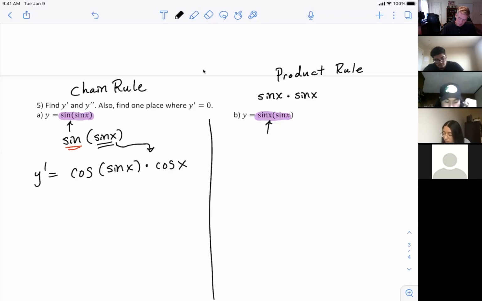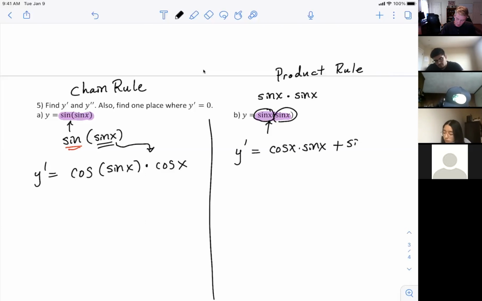For part B, you do the product rule. So you take the derivative of the first sine, which will be cosine, and then you leave the second one alone. So just copy down sine x. And then the product rule has plus.